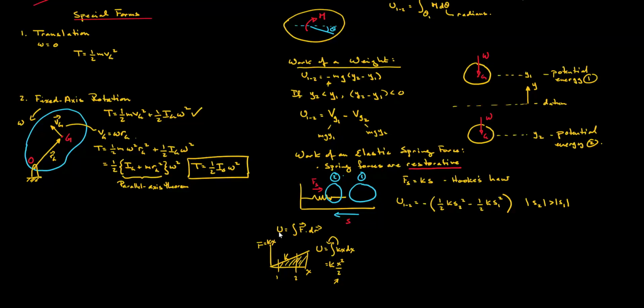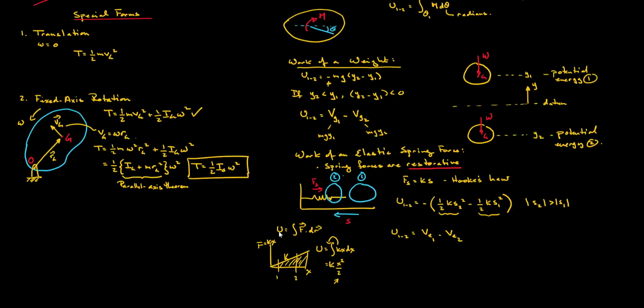Similarly, when we are looking at an elastic spring, there is an elastic potential energy. And this potential energy is this term over here and over here. So what we can state here is that the work done from position 1 to position 2 is the elastic potential energy at position 1 minus the elastic potential energy at state 2.